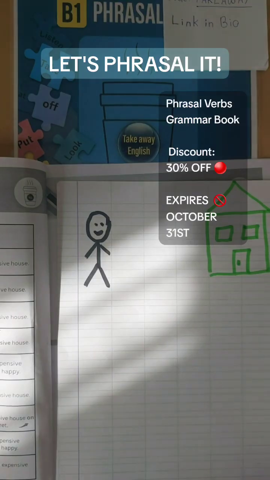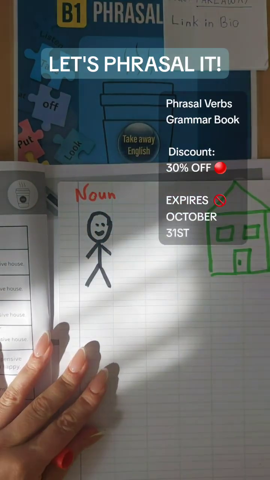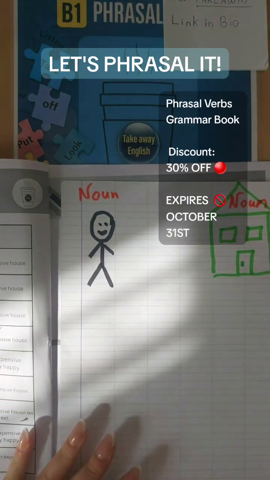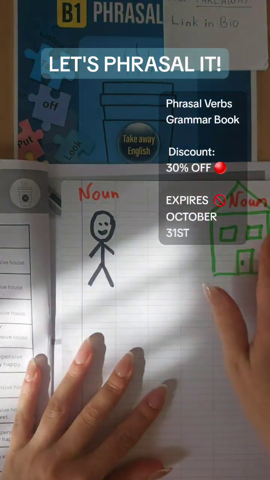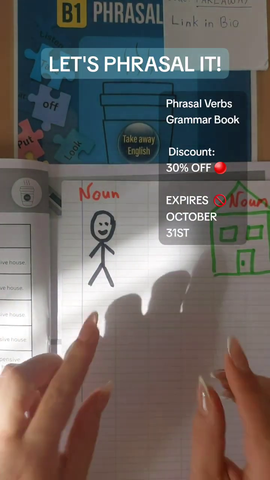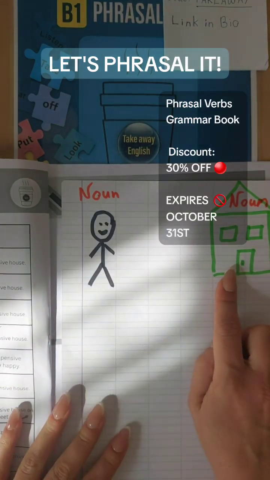Tom, noun. House, noun. We've got two nouns here, and we're going to build a sentence using these two nouns.